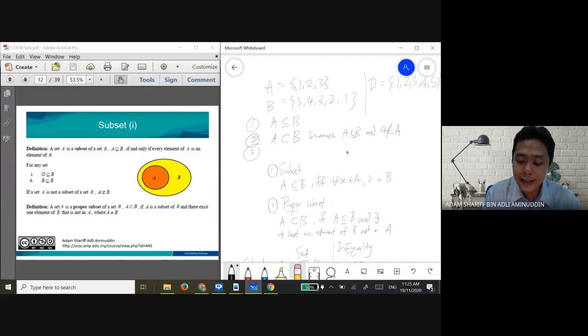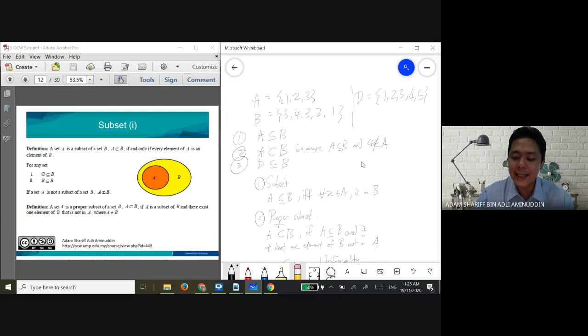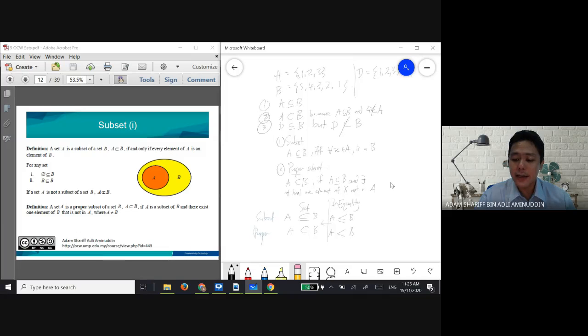For this case, it is clear that D is a subset of B, because all element of D is in B. But D is not a proper subset of B, because there does not exist one element of B which is not in D. Kalau you pening, always fall back to the concept of inequality.